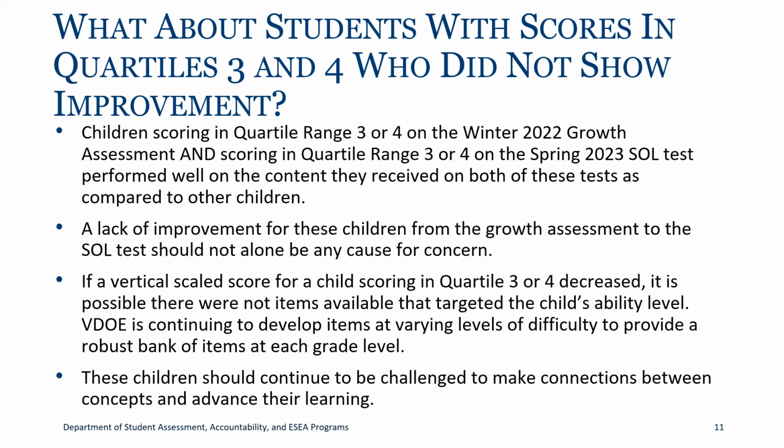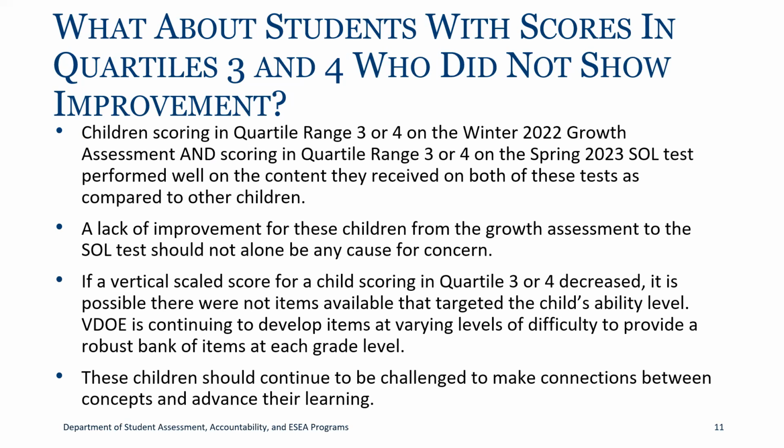If your child had a vertical scale score in range 3 or 4 on the winter 2022 growth assessment and a vertical scaled score in range 3 or 4 on the spring 2023 SOL test, your child performed well on the skills and content received on their test as compared to other children.